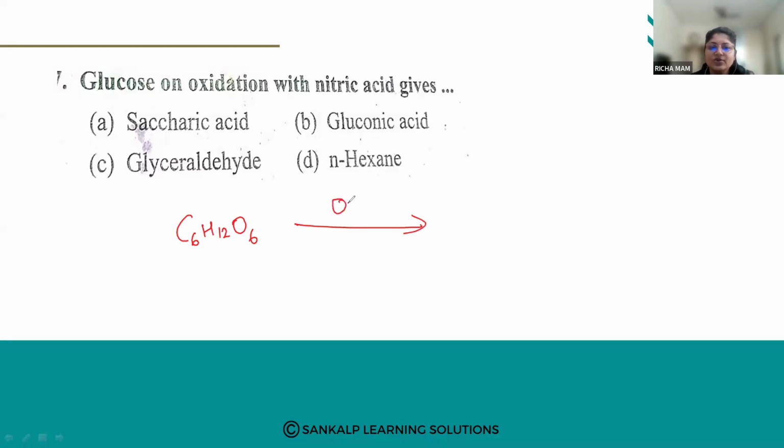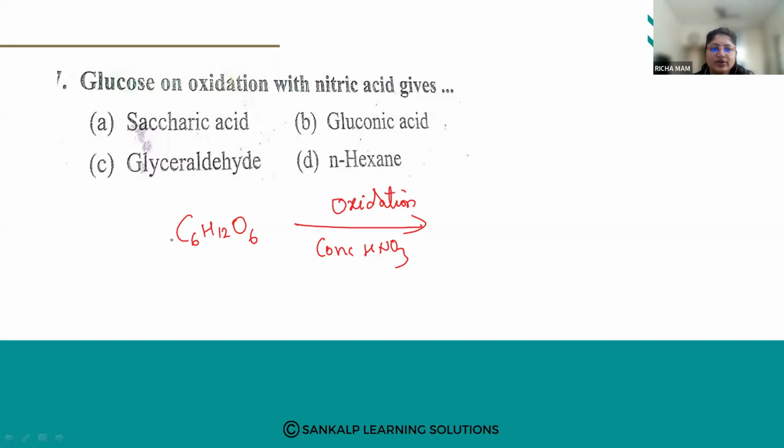Oxidation means addition of oxygen. So in the presence of concentrated HNO3, nitric acid, what does it give?